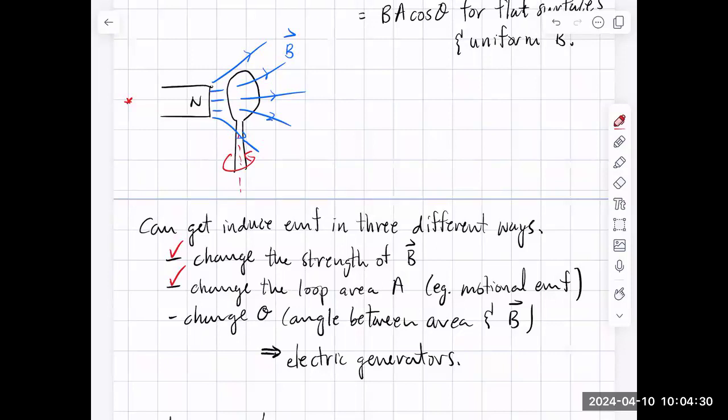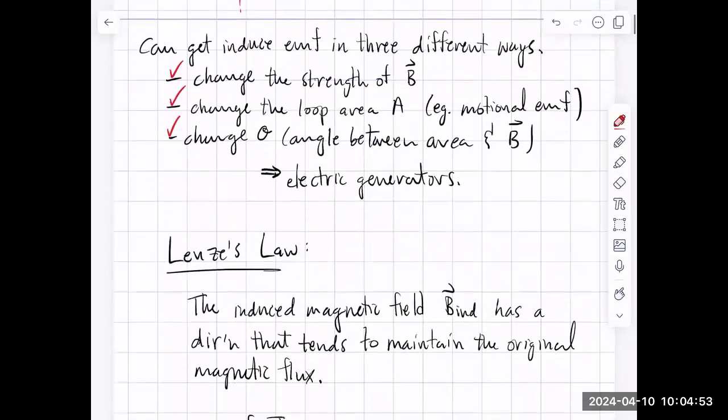When the plane of the loop is parallel to the magnetic field, you'd have 0 flux. As it's rotating, you'd constantly be changing the flux through the loop, so you'd have a constant induced EMF, which would create a current in the loop. So those are the 3 ways that we could change magnetic flux, and we've talked about examples of each of them.